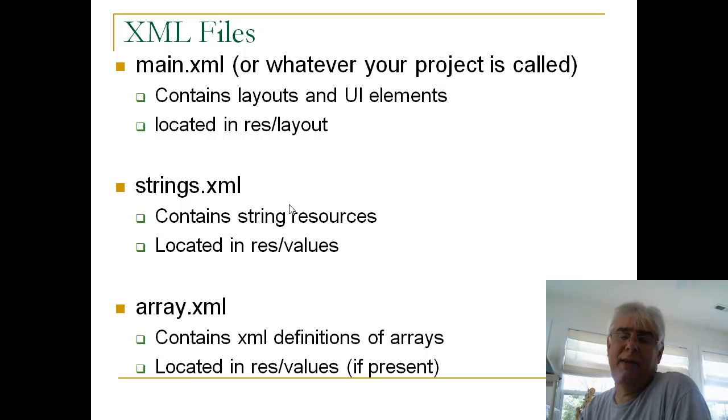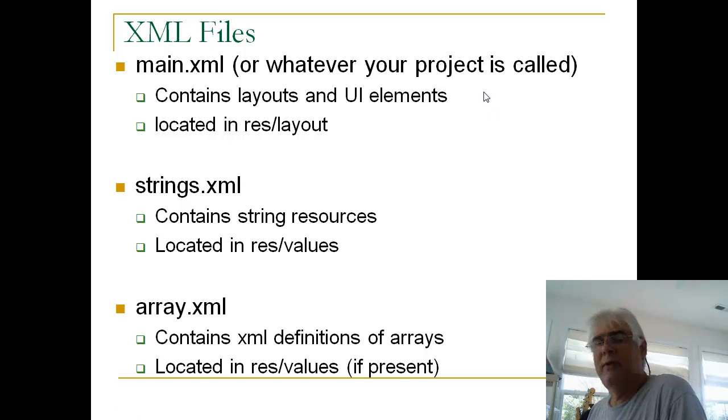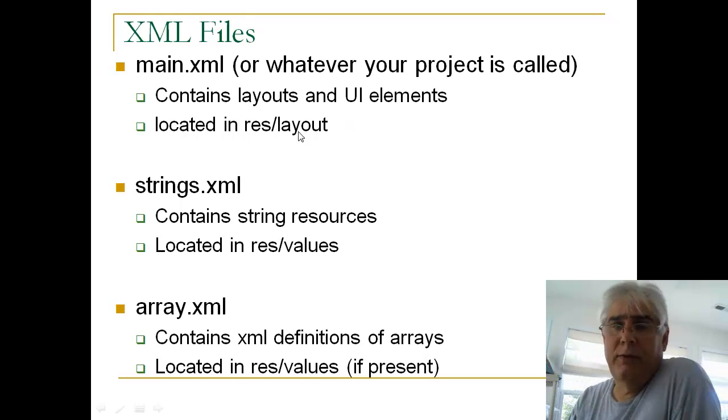That's your layout file. Here I've called it main.xml. Again, this will default to whatever your project is called. You can also change the name if you like. This file contains layouts and user interface elements. It's located in resources/layout.